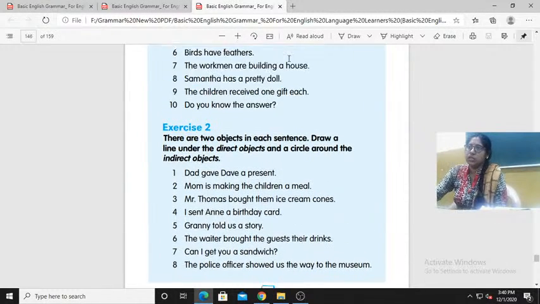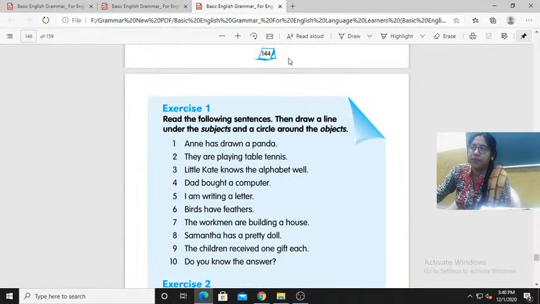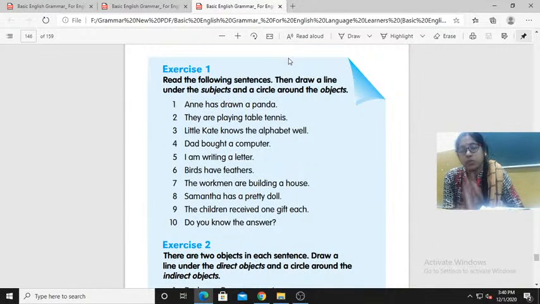So dear children, there are many examples you will find here. So today's exercise, you just remember, you write at least 10 examples of direct object and indirect object. And try to understand which one is complement. If I say she is writing slowly, in this one you will not find any object.